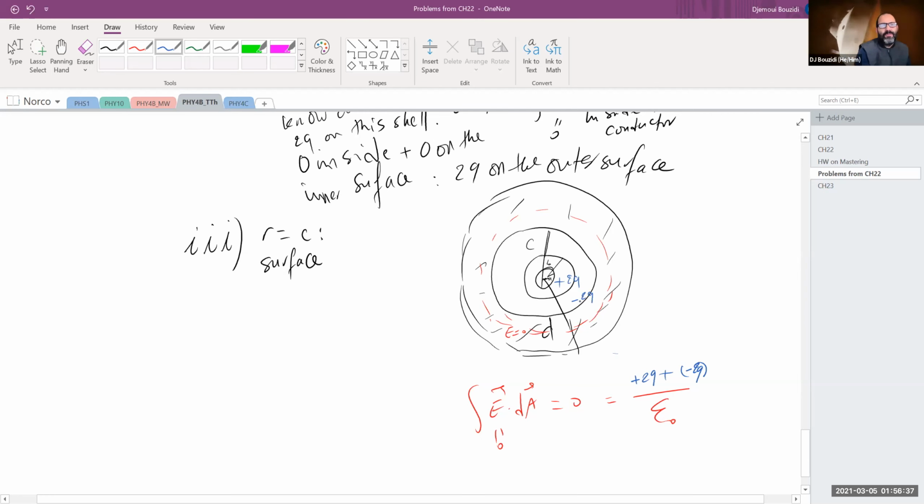That's the only way for me to have a 0 flux, because the electric field itself is 0. Since E is 0, its flux must be 0. Therefore, the charge on this surface must be equal to negative 2q.